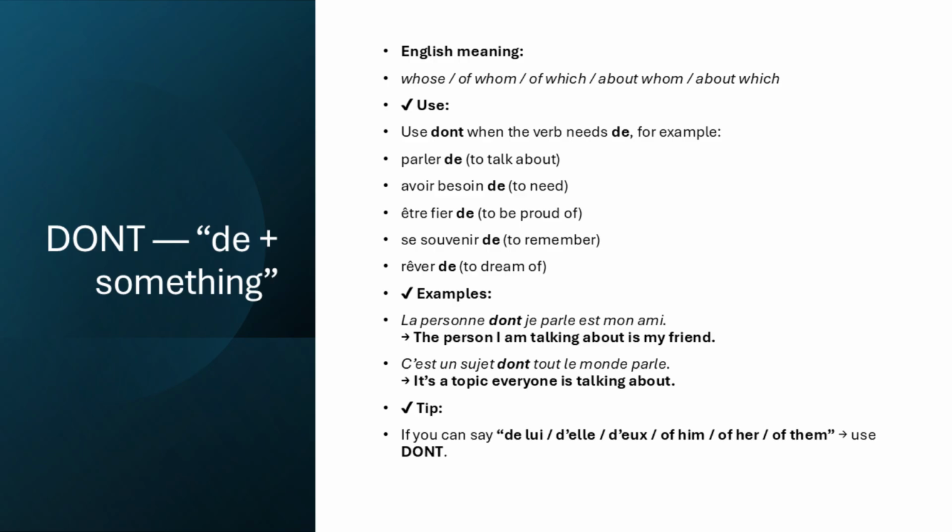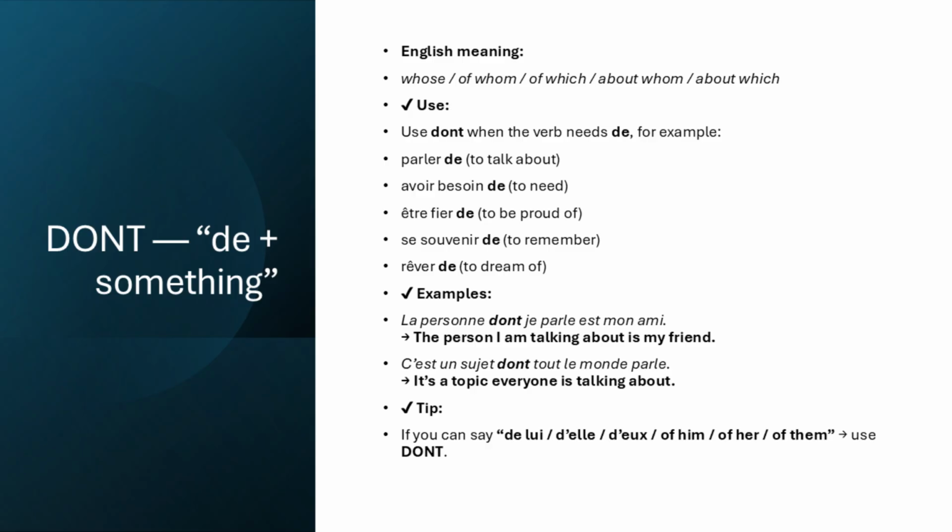Et le quatrième mot, c'est dont. Nous utilisons dont à la place de plus quelque chose. English meaning: whose, of whom, of which, about which. We use dont when the verb needs de.